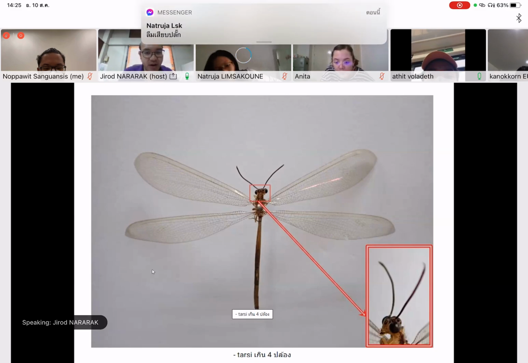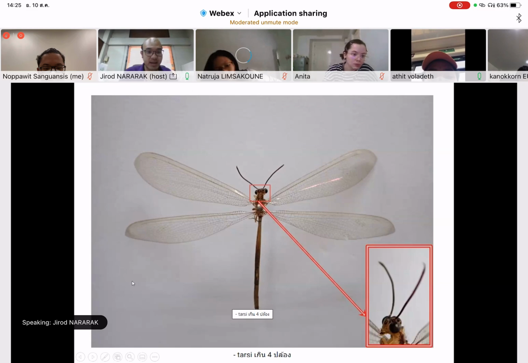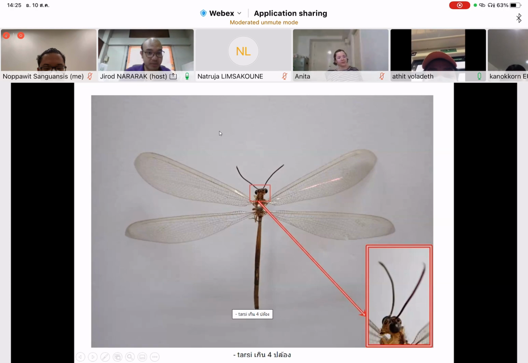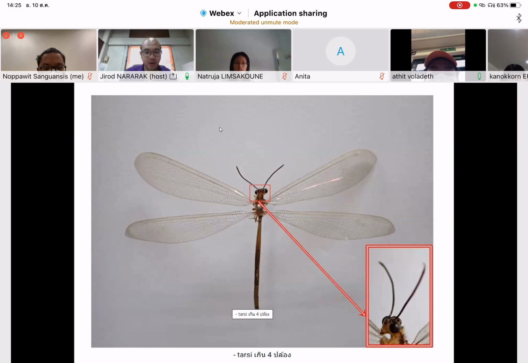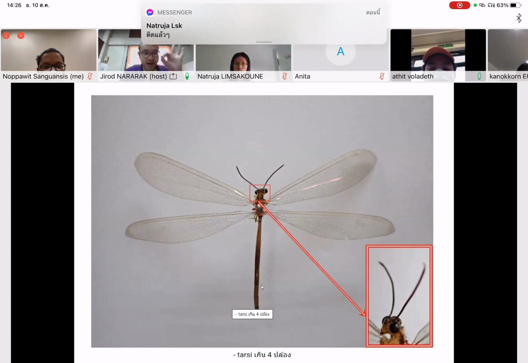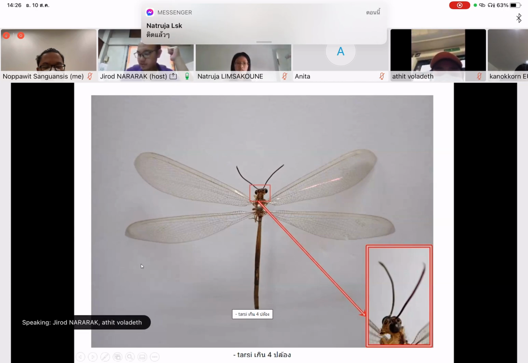This one is Neuroptera, the antenna is longer. Yes, of course. In Odonata the antenna is setaceous, but Neuroptera has long antennae. Okay, understand? Cool.